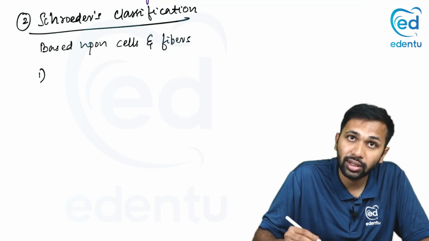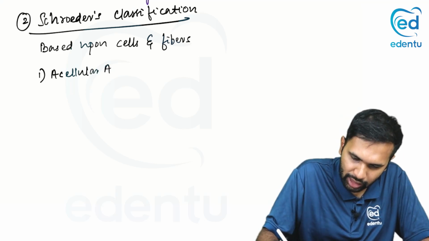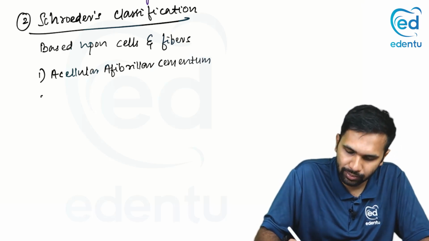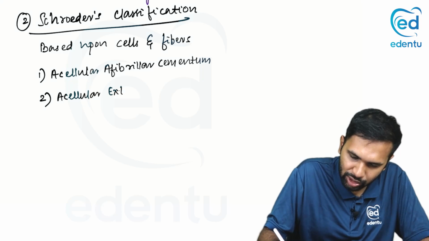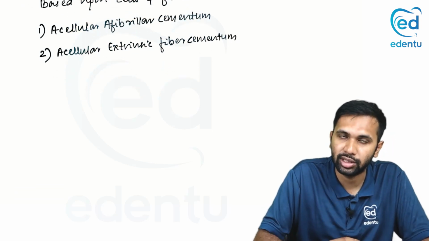The first type, as given by Schroeder, was acellular afibrillar cementum. The second one, acellular extrinsic fiber cementum.